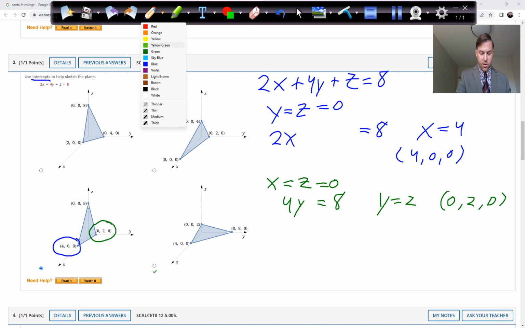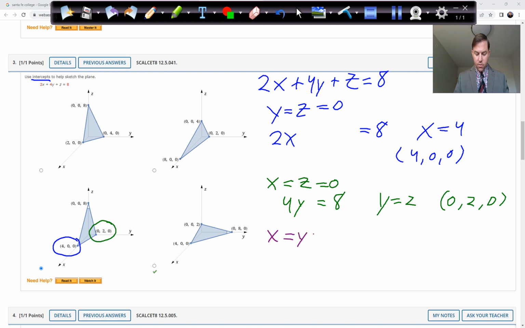And then the last point, we're going to let x and y equal 0, and that should solve for z. So z equals 8. And so we get the point 0, 0, 8, and that point is right here. So it's straight up. And so that would be the correct solution for problem 3.